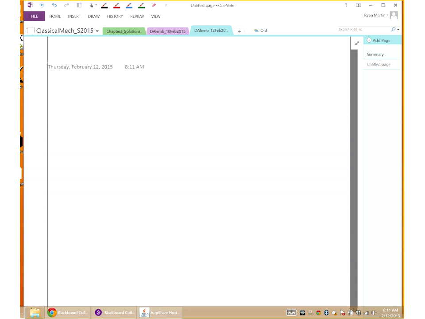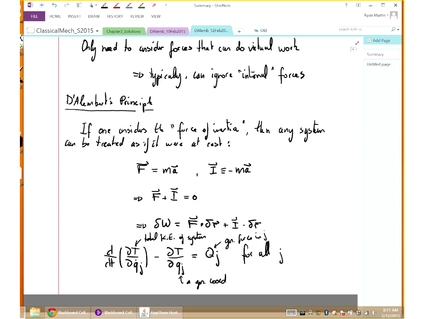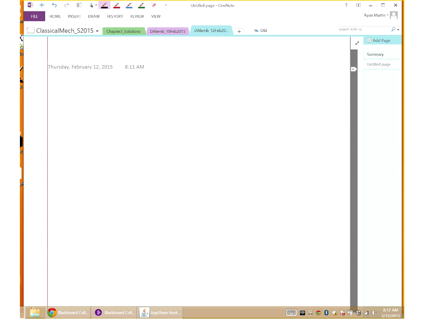Okay, so one issue is that in D'Alembert's equation we have this T, the capital T for the kinetic energy, and we're taking derivatives of capital T with respect to qj dot and qj. So that means we want to be able to make sure that the kinetic energy T is indeed expressed in the coordinates qj so that we can take the derivatives.